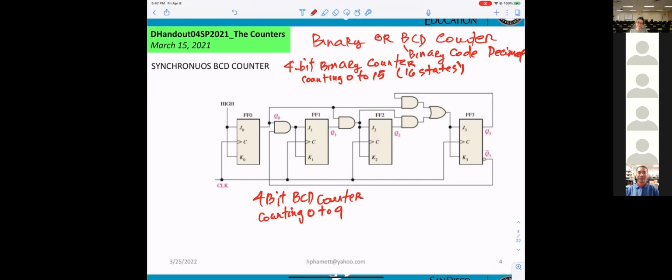So a 4-bit BCD counter counts 0 to 9, then back to 0. However, a binary counter can go from 0 to 15 and back to 0. That's the only thing. Make sure you understand the difference between a binary counter and a BCD counter.